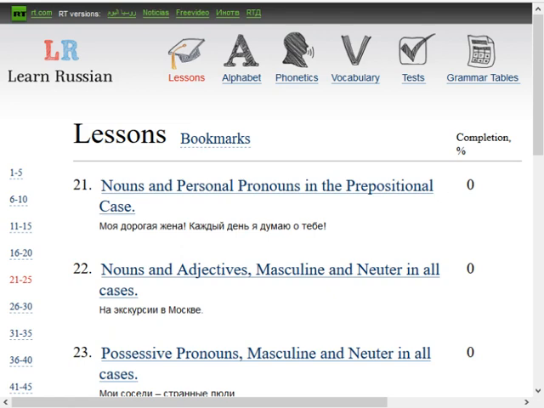So we're going to learn the last case, and then in the following lessons, we'll learn how to apply the cases that we've learned using different pronouns, nouns and adjectives. I mentioned the adjectives also change, so in 22 we're going to see how the adjectives change as well. So we've still got a lot of material ahead. Obviously, we've only done 20 lessons out of 100, so we're only 20% of the way through the whole course, so we still have a lot more material to cover.